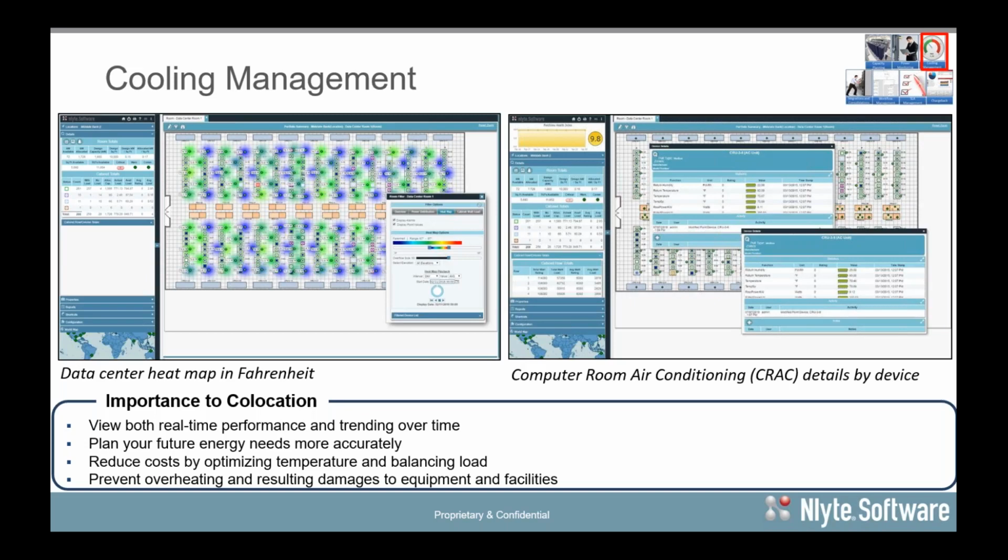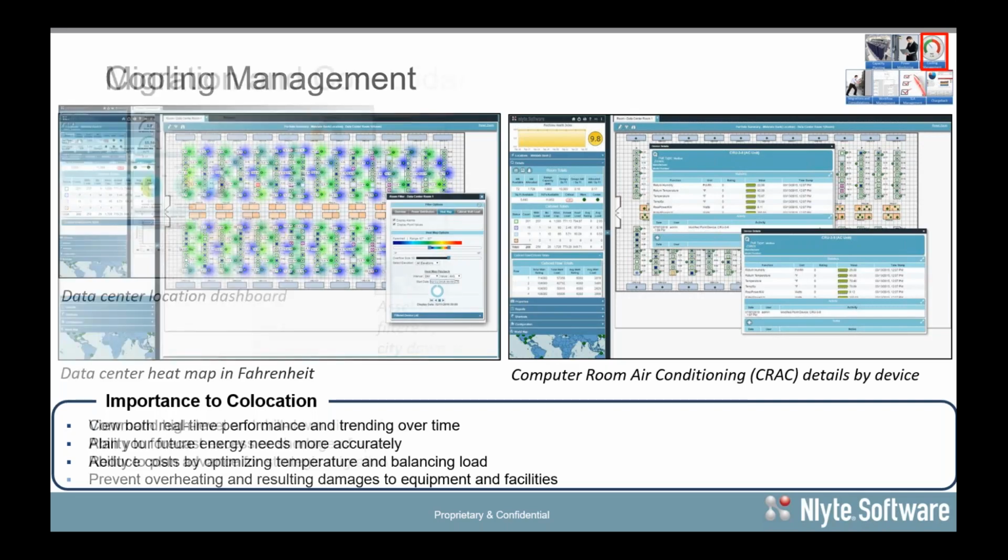So they can gradually raise the temperature 1 degree at a time, safely look at the real-time temperatures at the server inlets and see what that temperature rating is, making sure it's within ASHRAE. But again, having that confidence that I can raise the temperature, reduce the cost of cooling this data center, and know exactly what those temperatures are, making sure that I'm staying on the upper end of the ASHRAE scale. That was a good example.